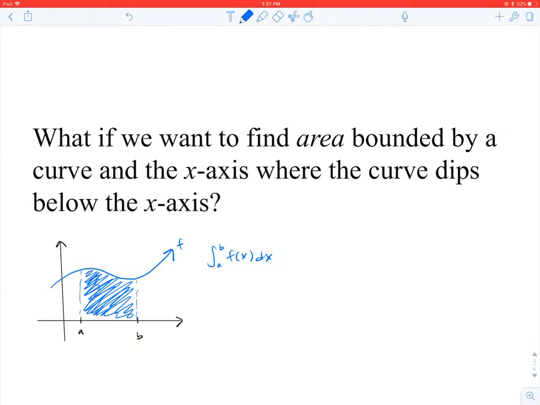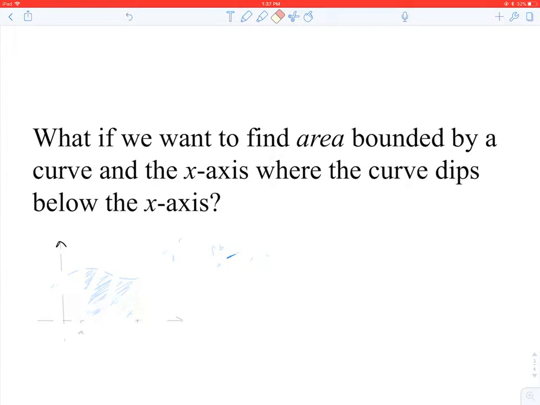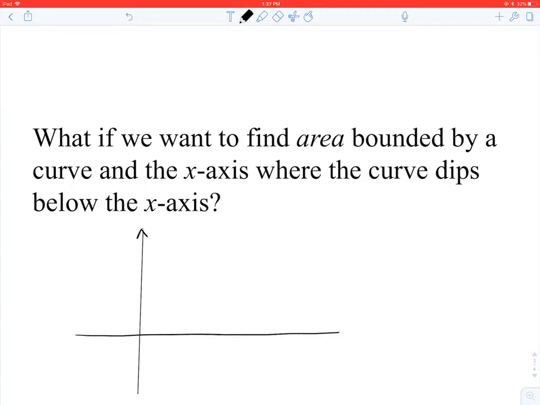But now we're asking, what if we want to find the area bounded by the curve and the x-axis where the curve dips below the x-axis? So something like this.